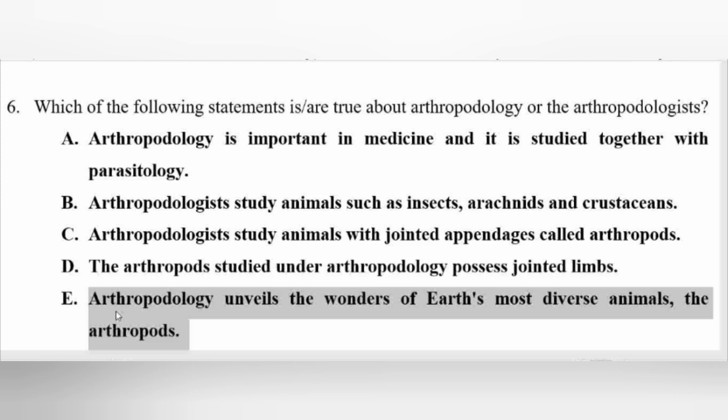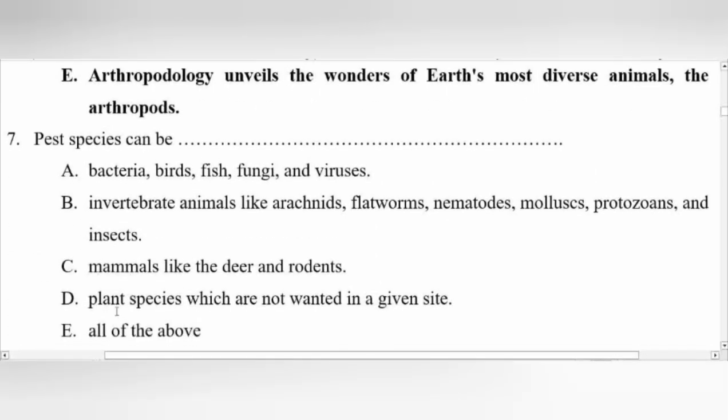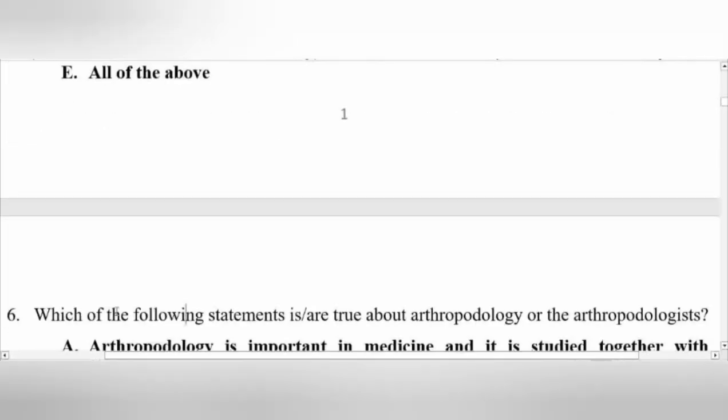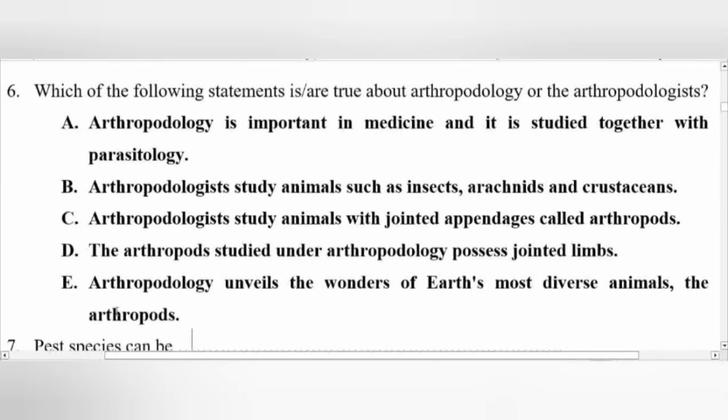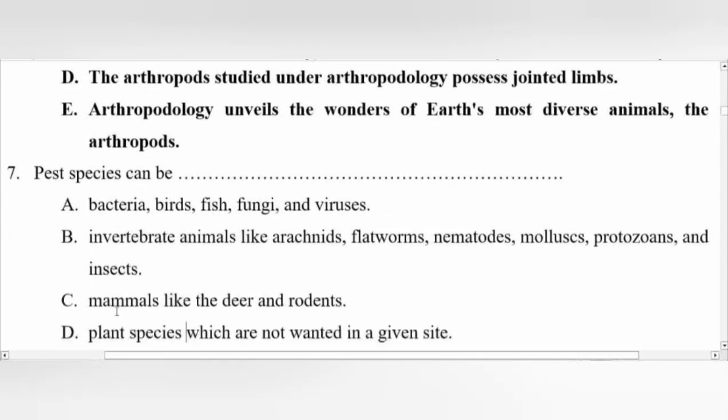You take interest in insects and begin to read about them and see how successful they are and how rich they are in terms of diversity. You'll be amazed. So it means that for that question, all the options are true about anthropodology or the anthropodologists.